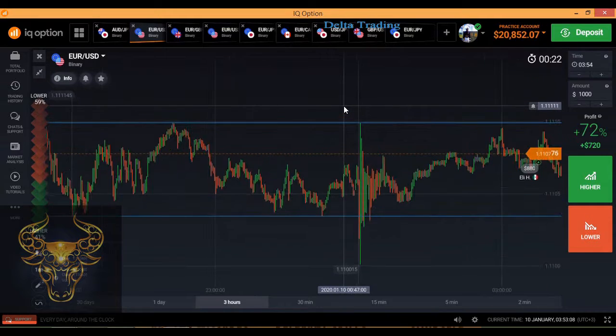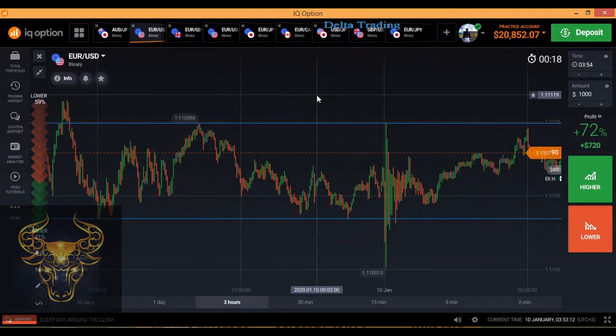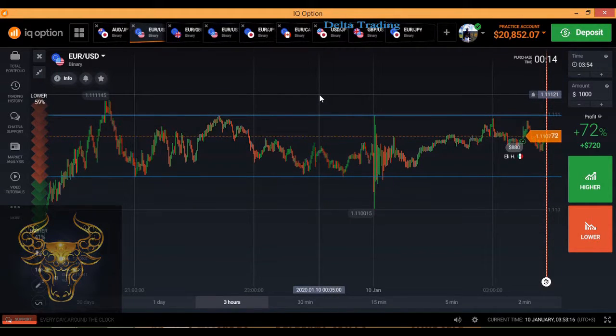As you can see, you are in a ranging market, and as per our trading rule, you have to identify a trendy market in order to trade with a good chance.